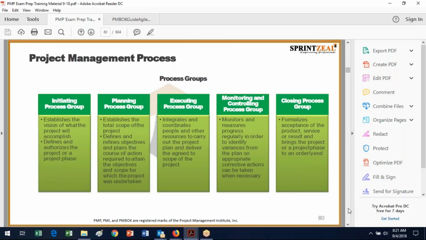And then executing integrates and coordinates the people and the other resources to carry out the project and deliver the agreed scope. Now, executing is generally the largest phase of a project, but as a project manager, you definitely have roles and responsibilities in planning, but that is not something that you want to give a large majority of your time to, because in a lot of worlds, the project manager is also a worker bee on the project.